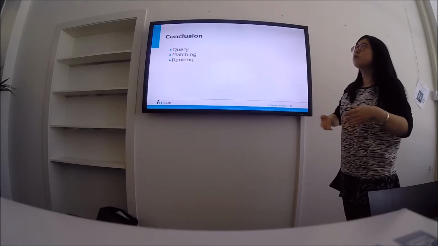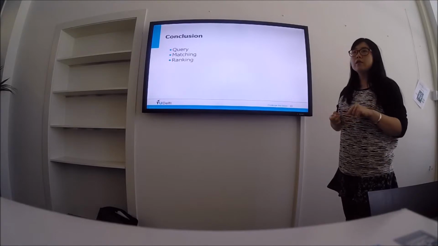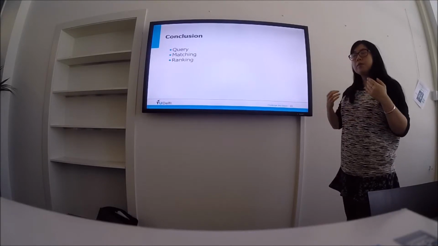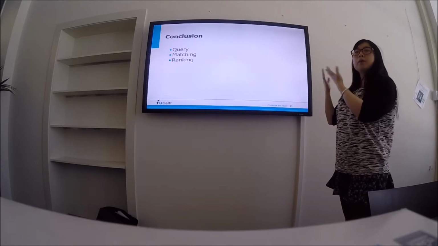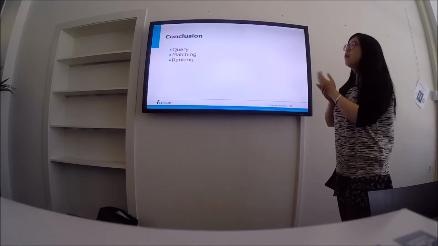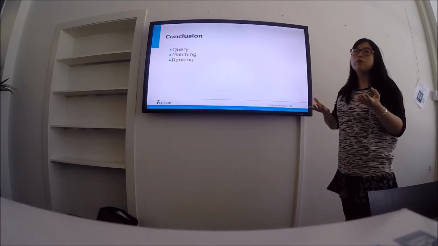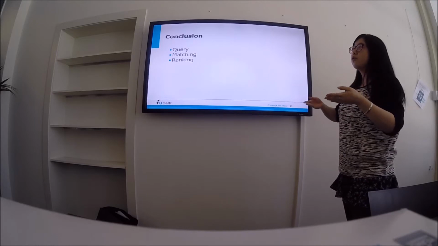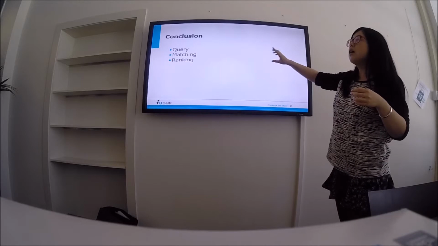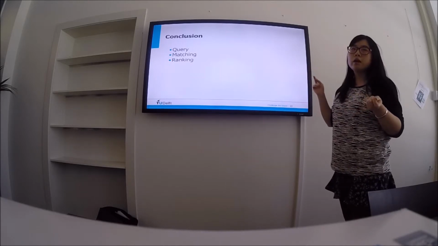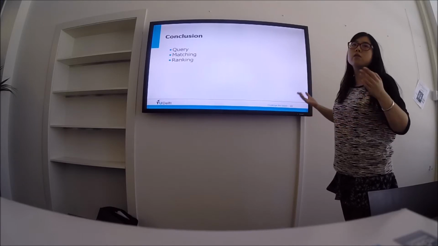About the matching part, most of the work applies language model methods, and they optimize those methods to fit the purpose of object retrieval. And about the ranking part, we obviously want to offer a good result to our users and rank it according to relevance. In all these parts we have to consider the computational expense, because if it is too time consuming, it is still not feasible.